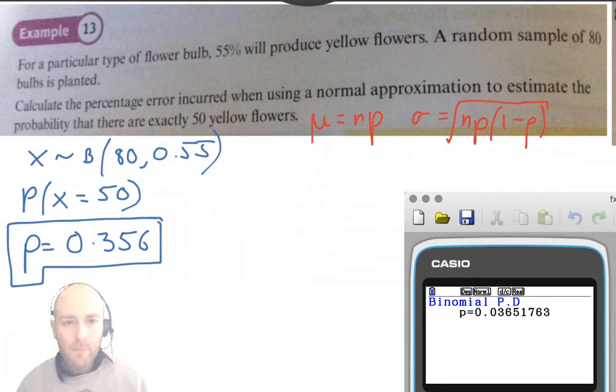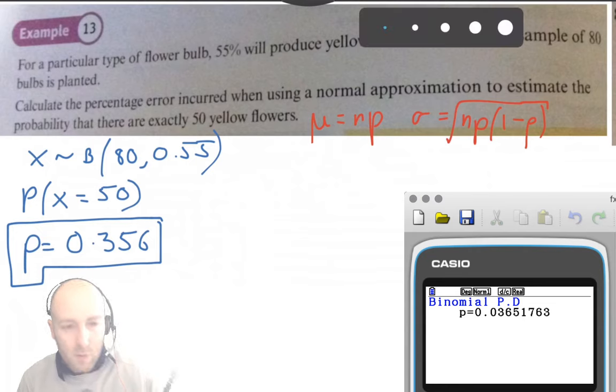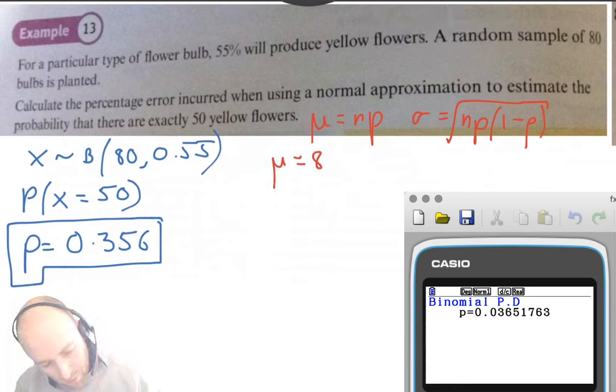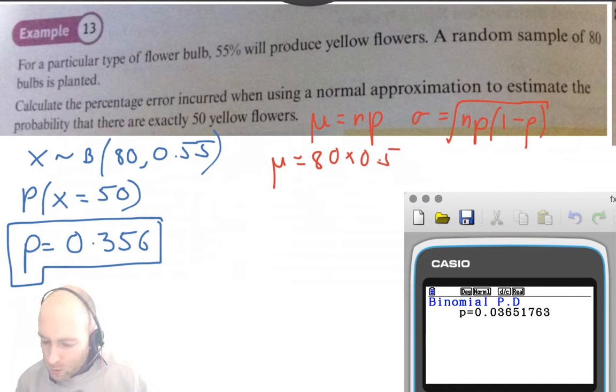Cool. Okay, so now we need to do the normal. So to do the normal calculations, first we need to work out n, mu, and sigma. So mu is going to be 80 times 0.55, which I work out to be 44.